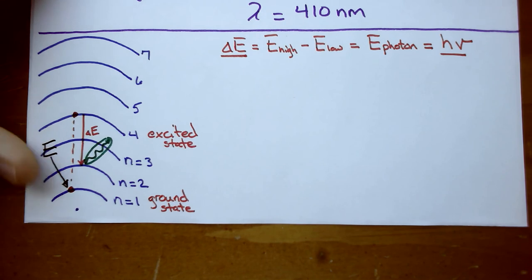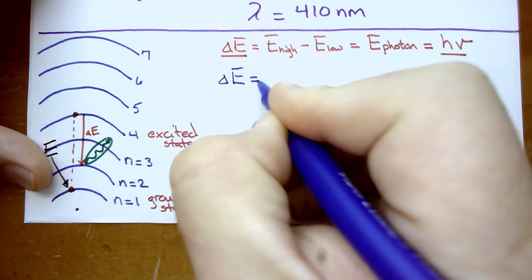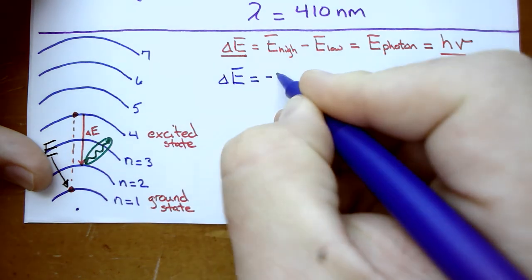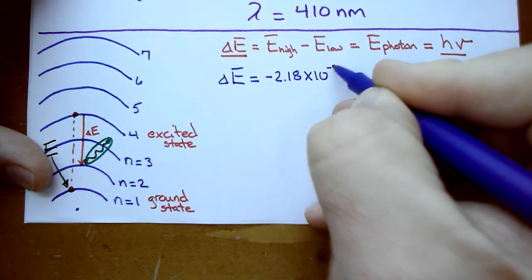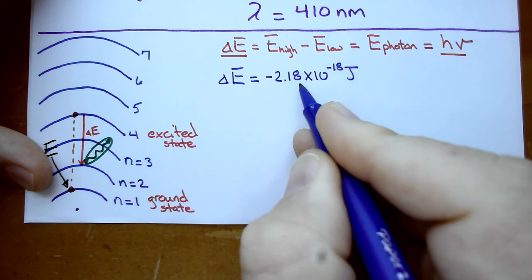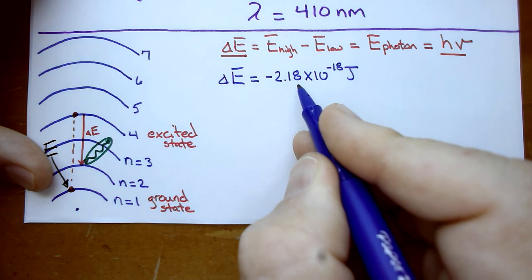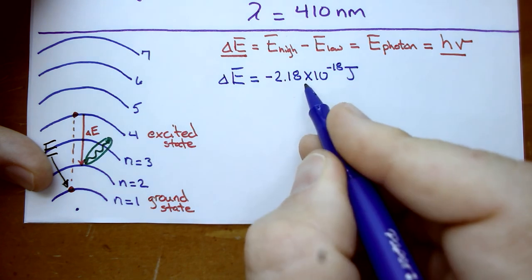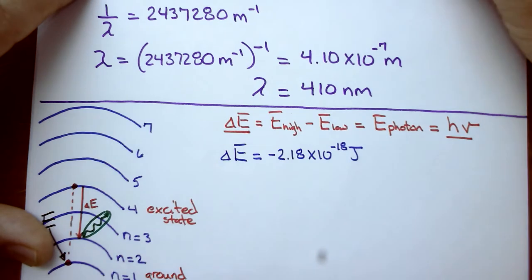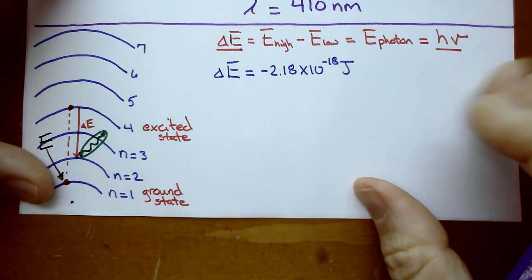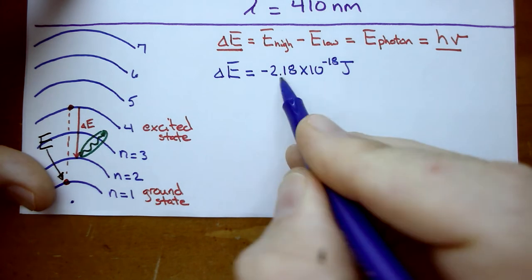Well, Bohr also applied the Rydberg equation and said that we can take this change in energy is also equal to a constant, which is negative 2.18 times 10 to the negative 18 joules. Now this constant comes from, it's really h, which is Planck's constant, times the speed of light times this Rydberg constant. And I suggest you multiply h with its units times the speed of light with its units times this Rydberg constant and see if you get this value.